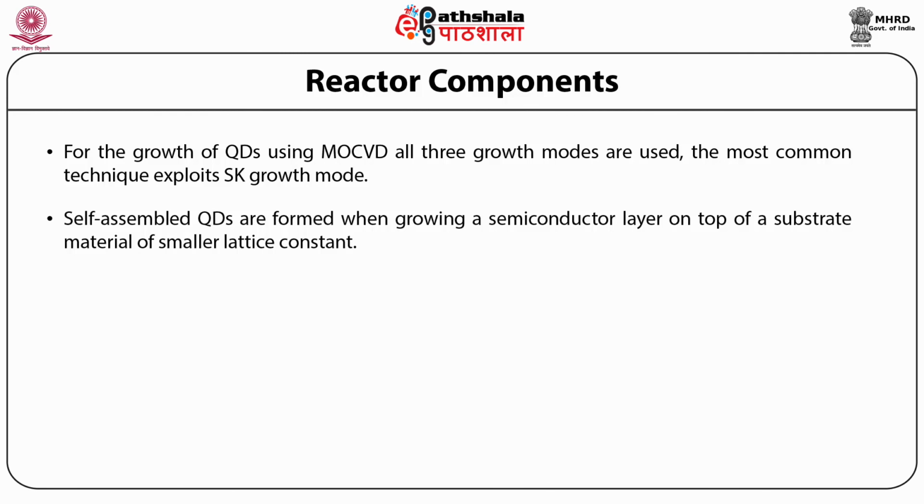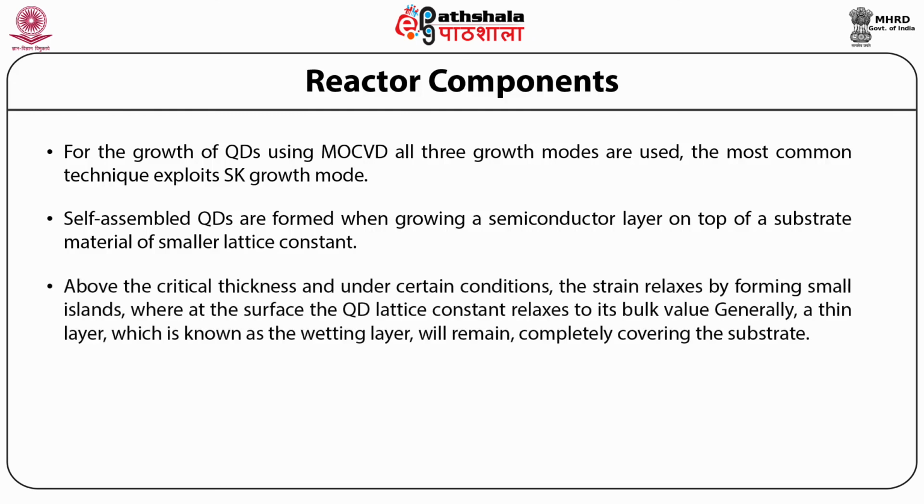Self-assembled quantum dots are formed when growing a semiconductor layer on top of a substrate material of smaller lattice constant. Above the critical thickness and under certain conditions, the strain relaxes by forming small islets where at the surface the quantum dot lattice constant relaxes to its bulk value.